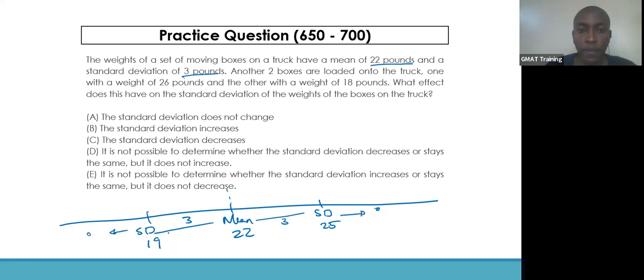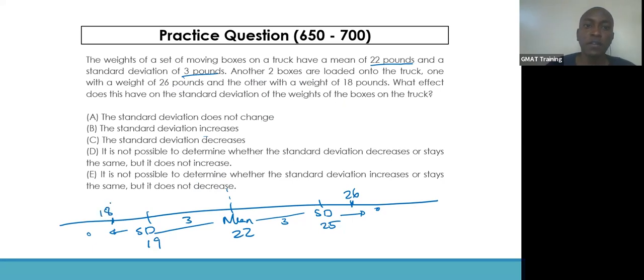The best way to approach this is drawing how the new data points are situated on this scale. One weight is 26 pounds. We have 25 here, so 26 is outwards. And then we have another with weight 18. 18 is less than 19, so it's outwards.